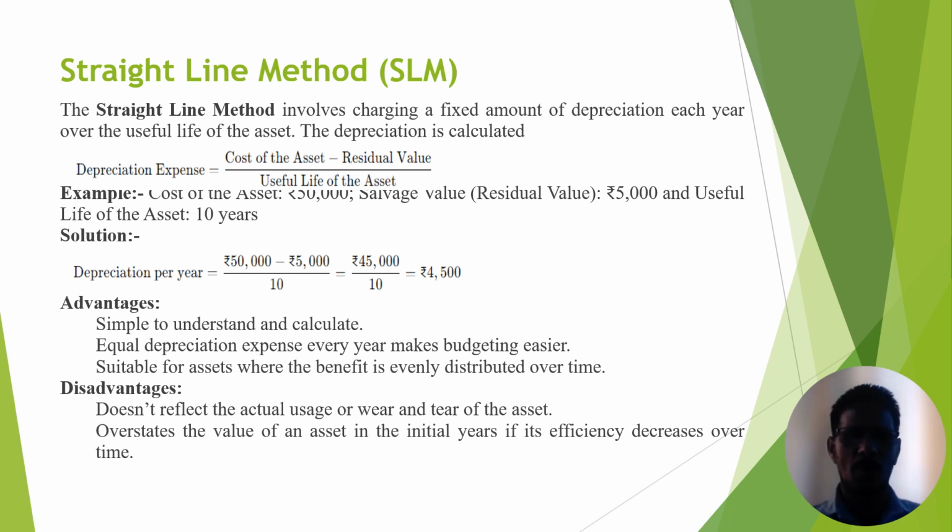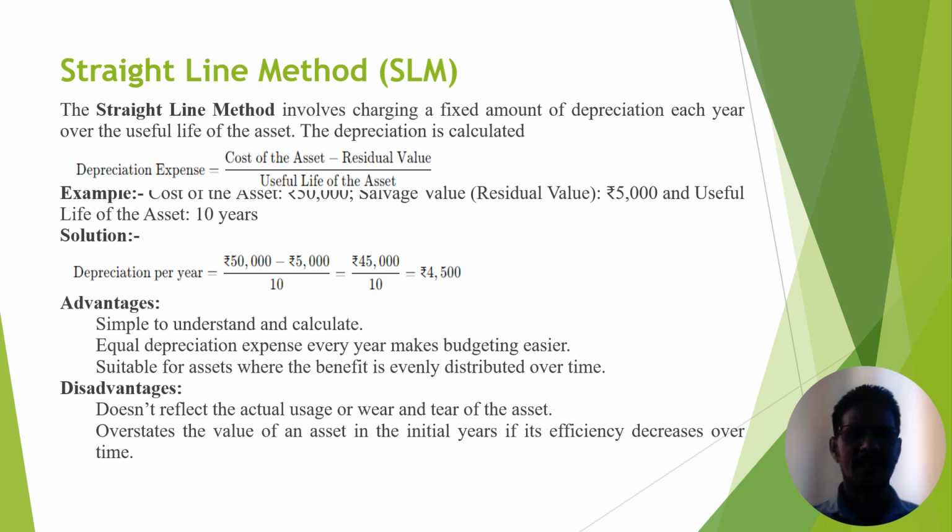Cost of asset 50,000 rupees, subtract residual value 5,000, this is 45,000, divided by useful life of 10 years. Solving this, 4,500 is the depreciation amount. This depreciation amount of 4,500 we have to charge in the profit and loss account every year up to 10 years, because our useful life is 10 years.